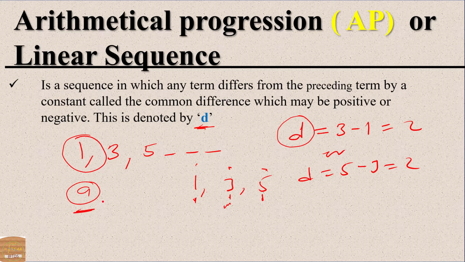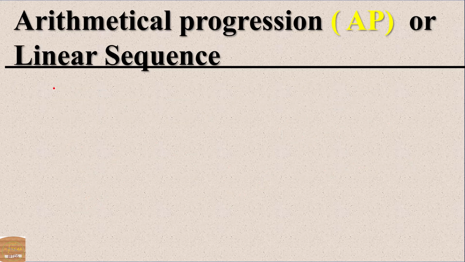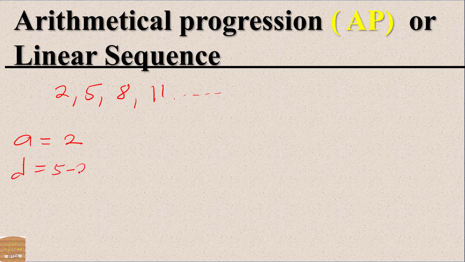Now let's look at this one very well. Consider the next example, 2, 5, 8, 11. Let's find the first term, that is A, then the common difference D. So A is 2, the common difference is 5 minus 2, which is 3.